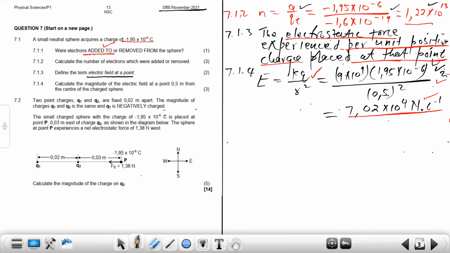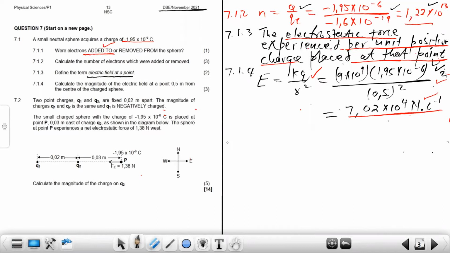7.2, they say 2 point charges Q1 and Q2 are fixed 0.02 meters apart. The magnitude of charge 1, Q1, and Q2 is the same, and Q1 is negatively charged.